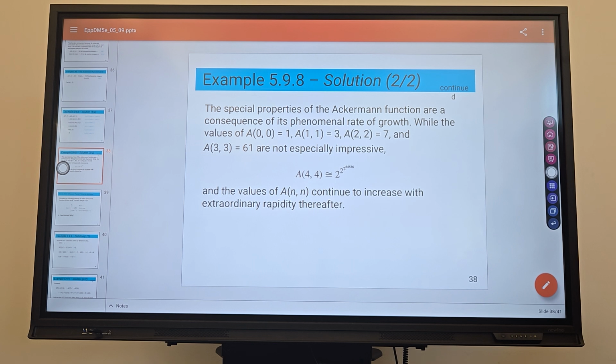And the values of A of n, n continue to increase with extraordinary rapidity thereafter.